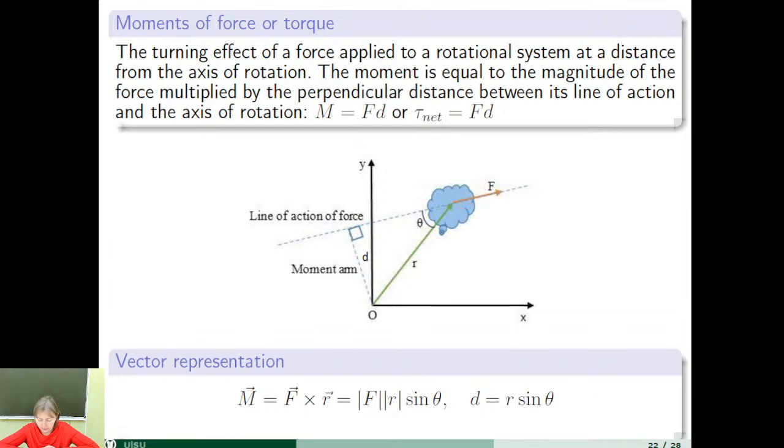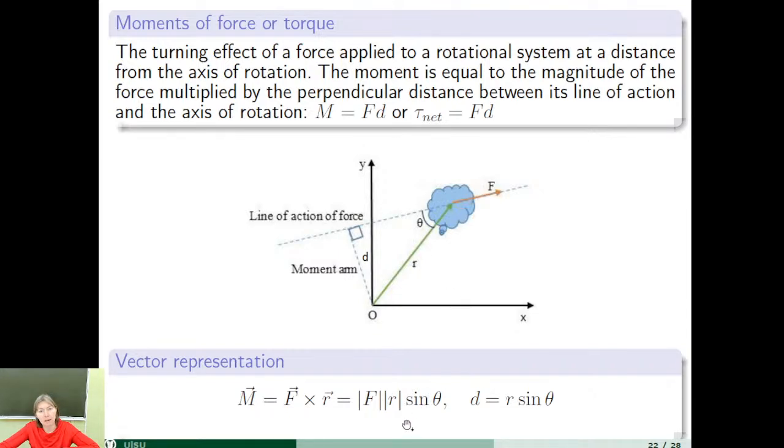If a force is exerted at a point given by the position vector r relative to the axis, then the magnitude of the torque is, look here, this M is a moment of force, or torque. It's a vector product, and when we write down a vector product, we can see theta.